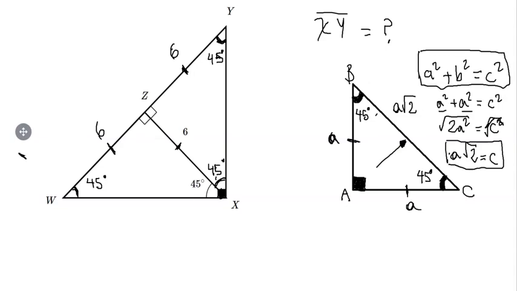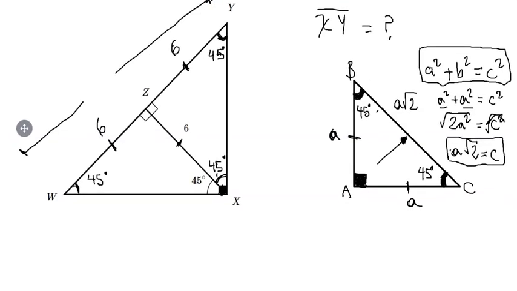So now let's picture the bigger triangle, W, Y, X. What will be the value of this segment here? The hypotenuse of this bigger triangle.